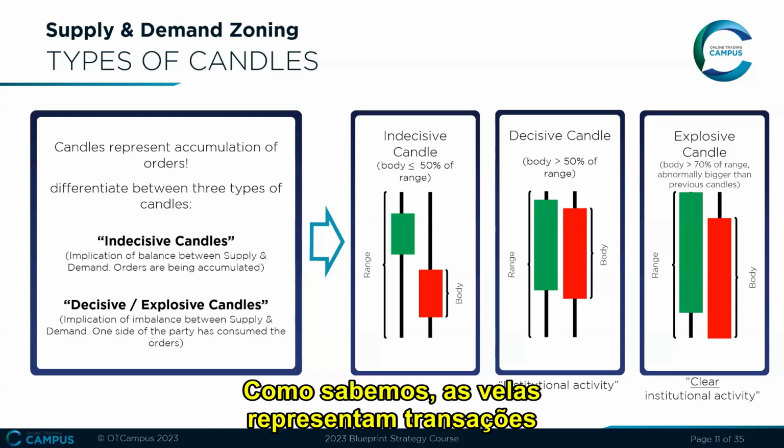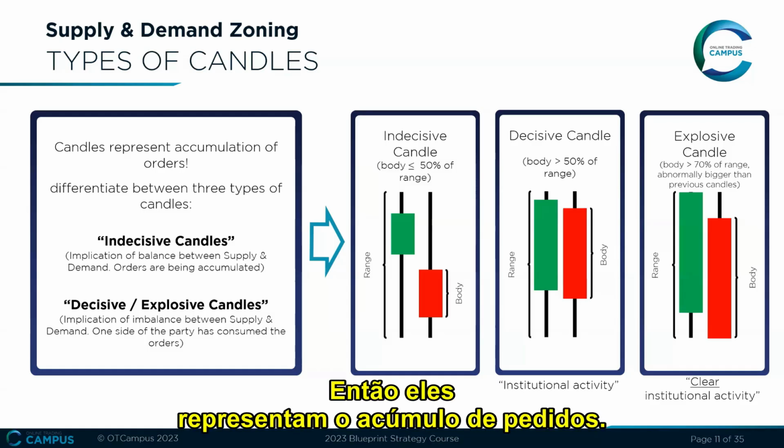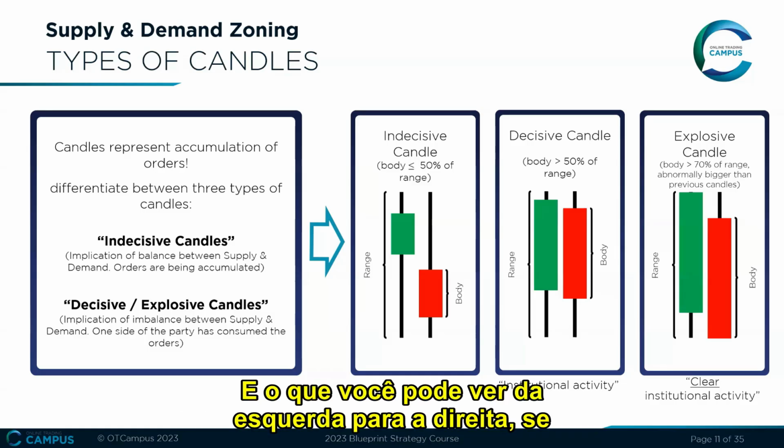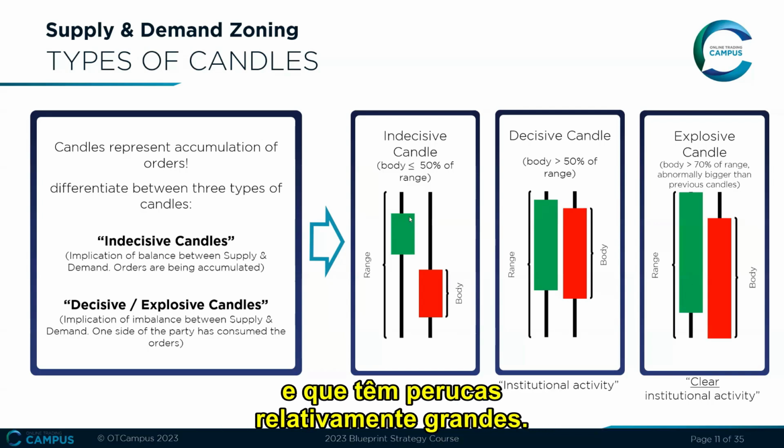As we know, candles represent transactions that have already taken place, so they represent accumulation of orders. And what you can see from left to right, if we start right here, you can see candles that have a small body and relatively large wicks.